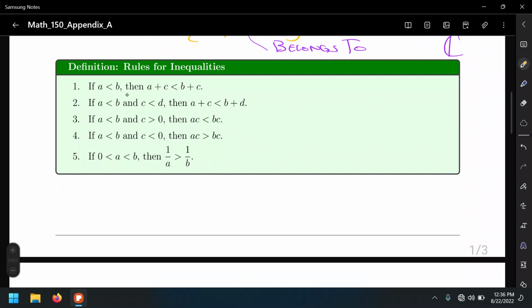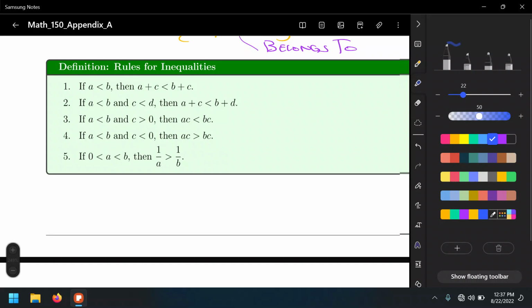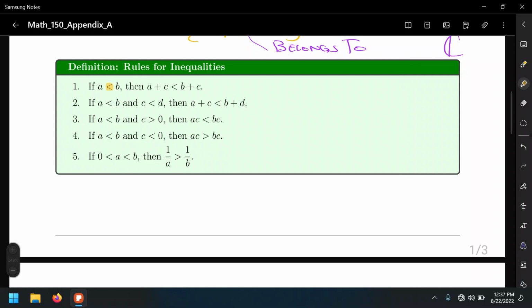Well, this first rule, or property, if you will, means that if we have this inequality a less than b, we can add or subtract any number, but the key aspect here is that the direction of the inequality symbol remains the same. You can add and subtract, and that doesn't change the inequality symbol.